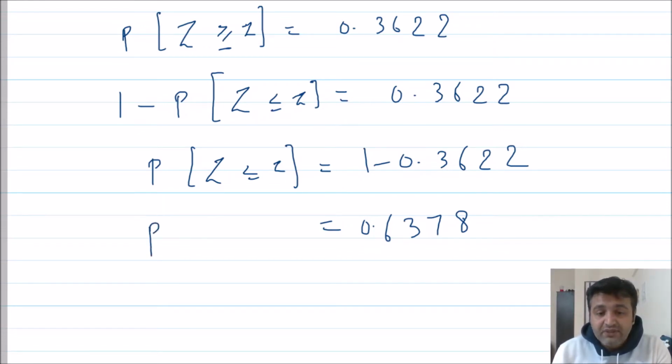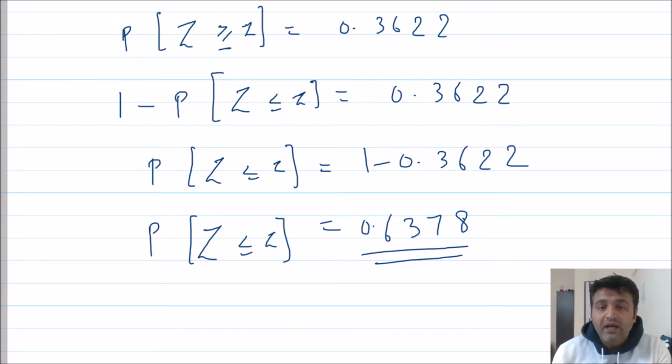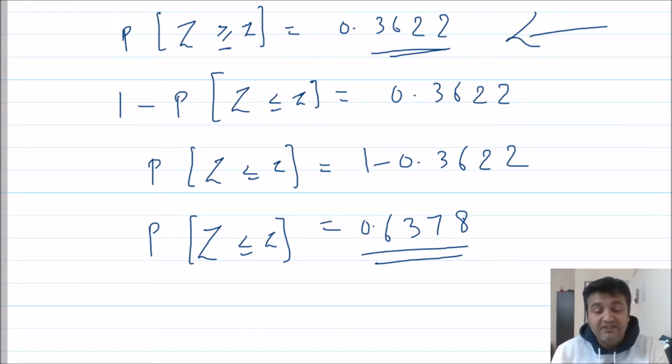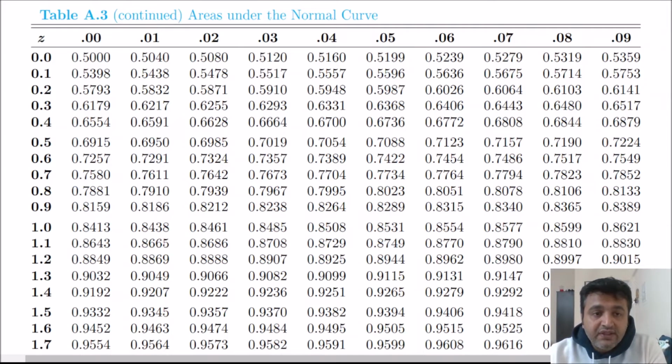So what is this number 0.6378? It is the probability of Z less equal small z. Now you look for this value in the table. You can't directly look for 0.3622 in the table, because that is the area towards the right of z, whereas tables give you the area towards the left of z. So where is 0.6378? Here in the table you can see 0.6368.